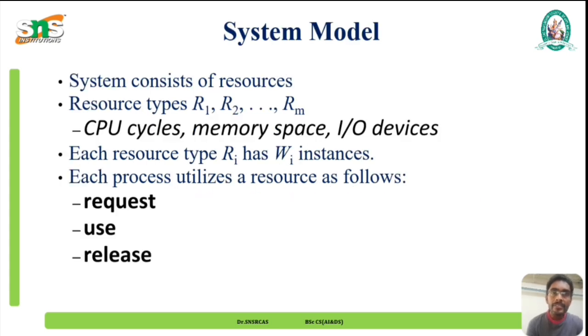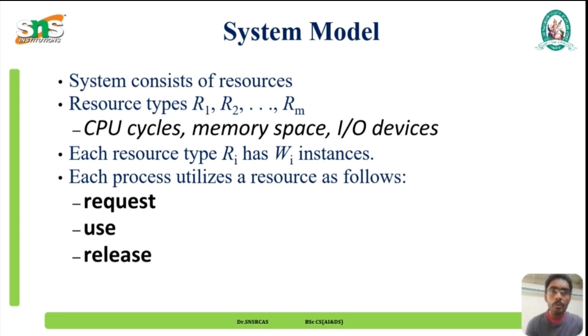Basically, a computer operating system consists of different resources. We term those resources or resource types as R1, R2 and so on. Examples of resources are CPU cycles, memory space, input output devices and so on. There are resources that may be shareable, and there are resources that may be non-shareable.